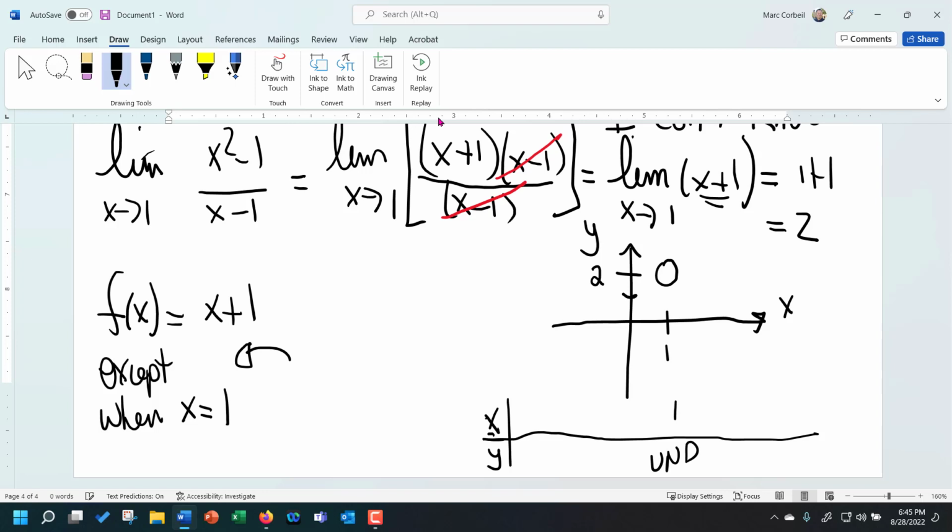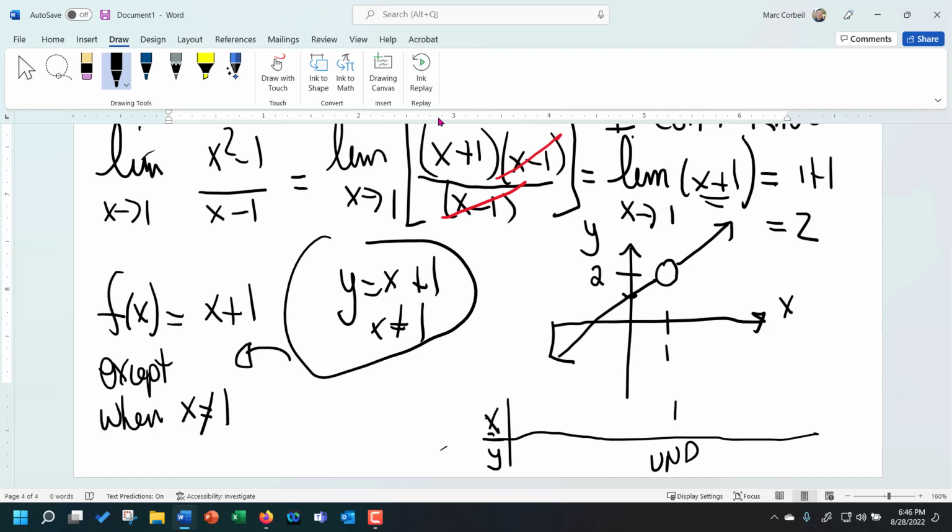which is essentially a straight line. So this is literally the straight line y is equal to x plus 1 with a hole punched out of it. x cannot equal 1. That's all this function is, and that's what our limit helped us express.